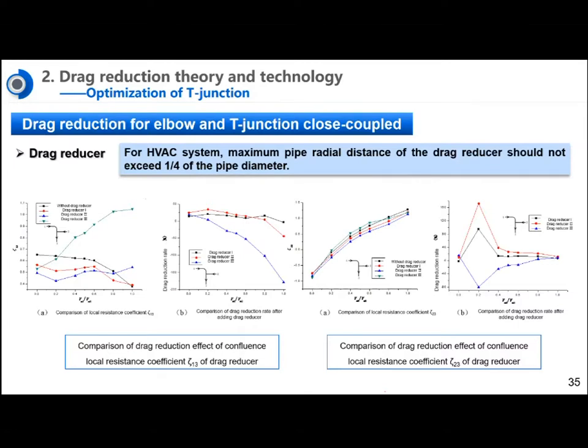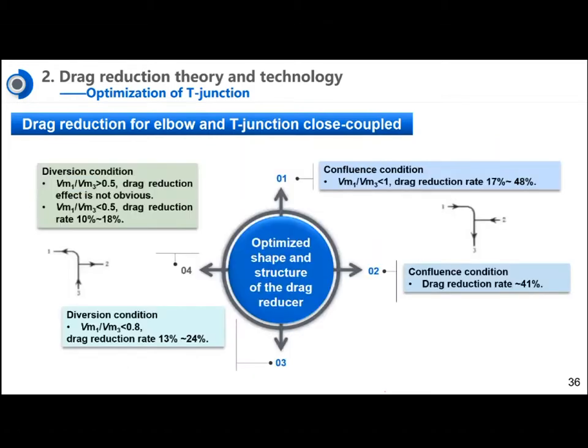The drag reduction for elbows and the T-junction closely combined. That means both the elbows and the T-junction are closely installed, so they have some influence on each other. This picture shows the drag reduction for elbows and the T-junction closely combined.